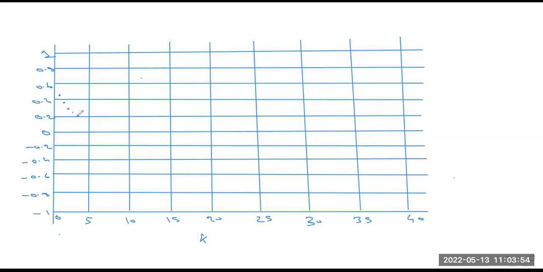So the plotting comes from this pattern. I am writing here. This is basically a dotted line.